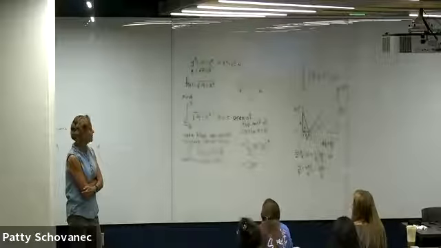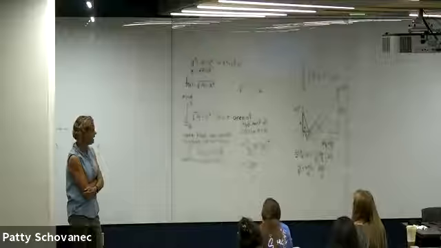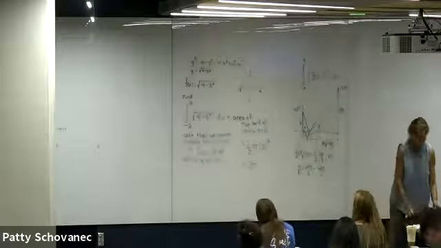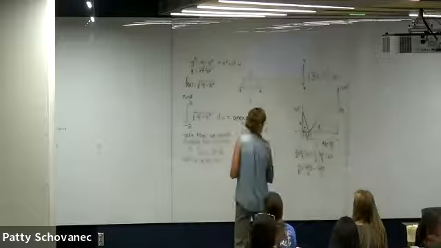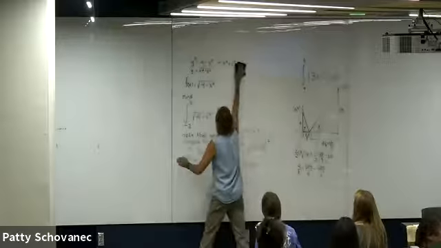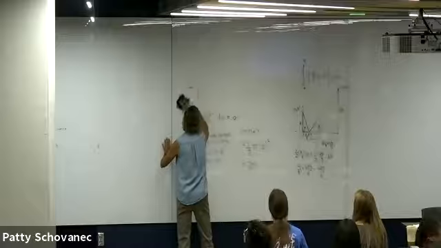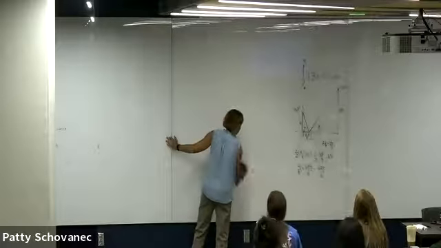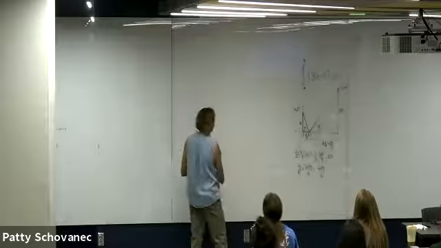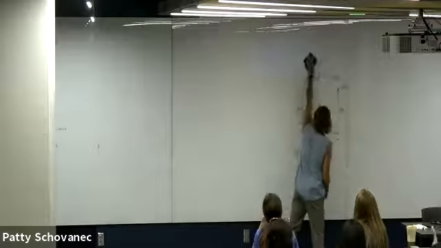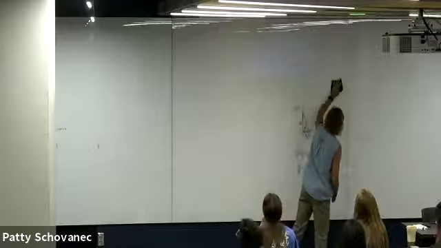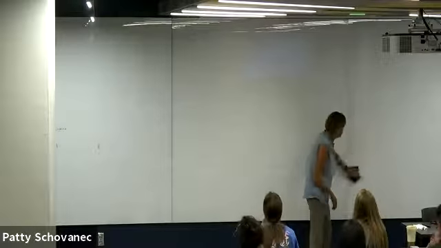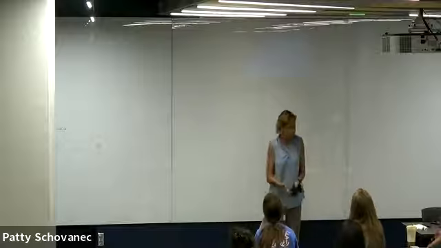Okay, so let's rub that off and recap what we did last time. In the first part of the class, we were finding a volume of a solid whose description was given to us.